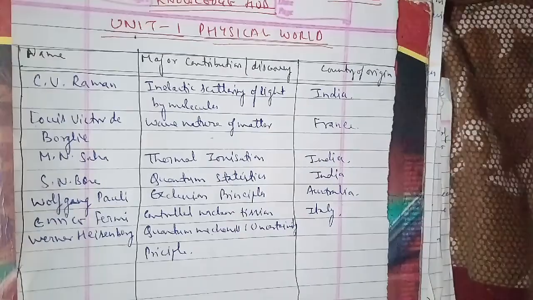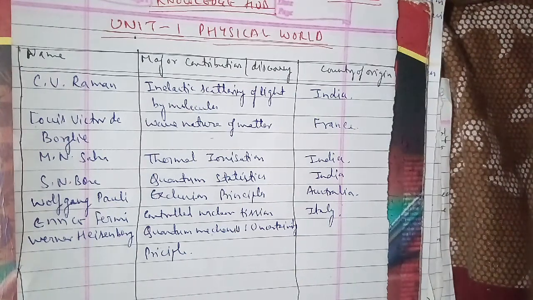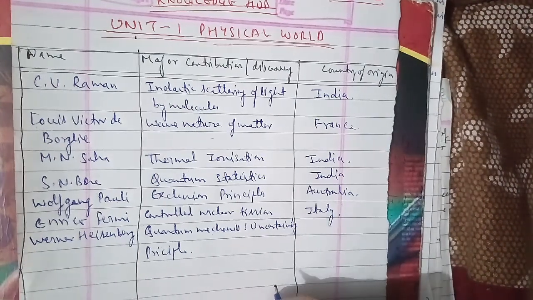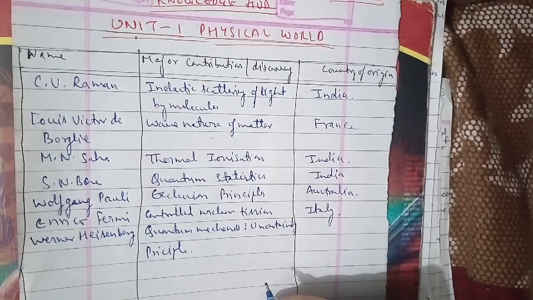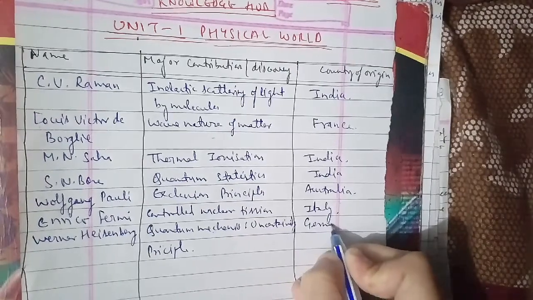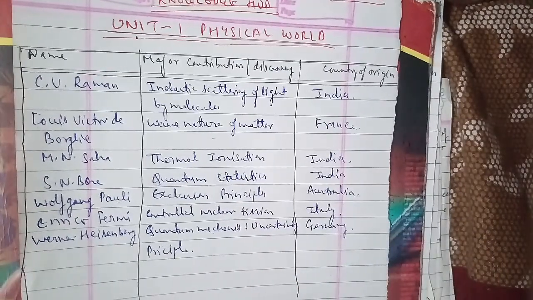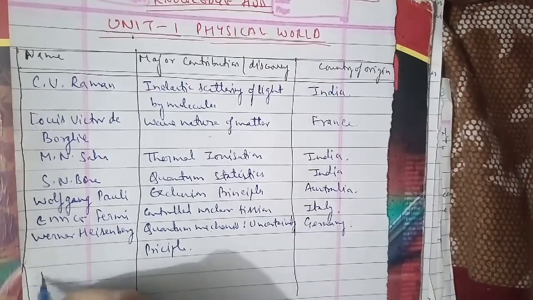Now we go for the next, Paul Dirac. His major contributions and discoveries are the relativistic theory of electron and quantum statistics. The country of origin is the UK.